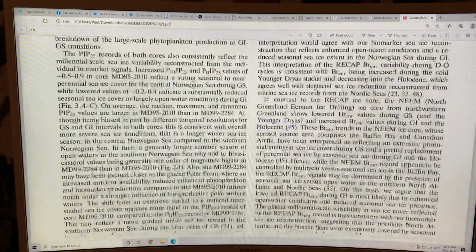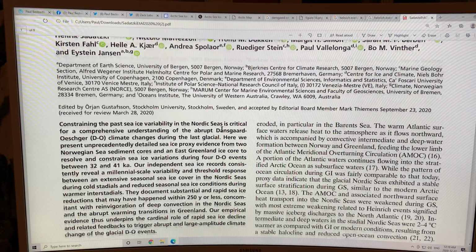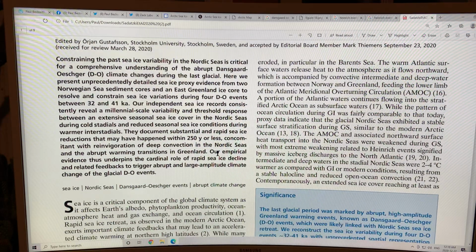I'm not going to go into the details of all of these plots, but the key factor is that they had a method, using the sediment cores in the ocean and the ice cores. The ice cores on Greenland gave us the temperature over time on Greenland, and we could see all of these spikes in temperature called the Dansgaard-Oeschger oscillations.